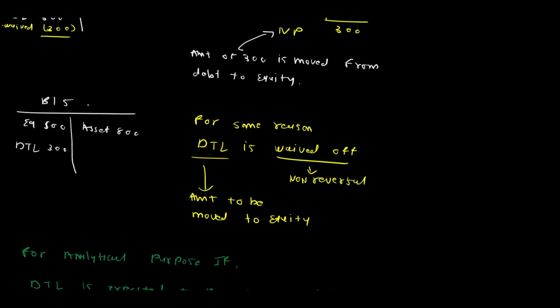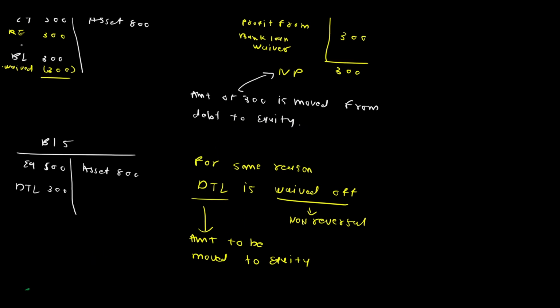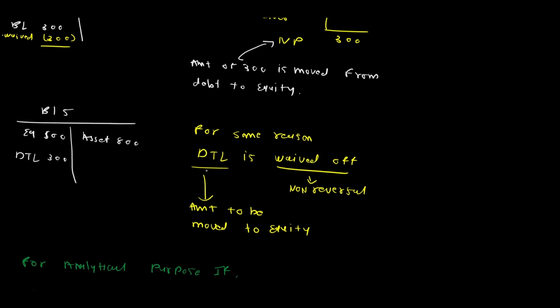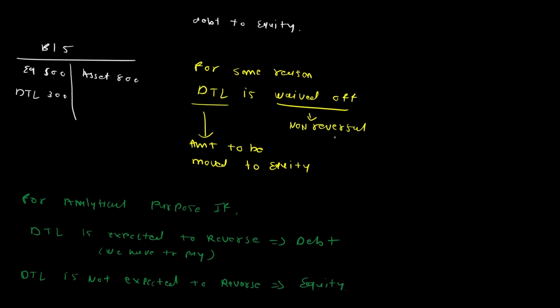In a similar way, a bank loan is a liability and DTL is also a liability. So for the same reason, if my DTL is waived off, meaning non-reversible, if I think that my DTL will not reverse in the future and the amount is not payable, then this amount is also to be moved to equity.